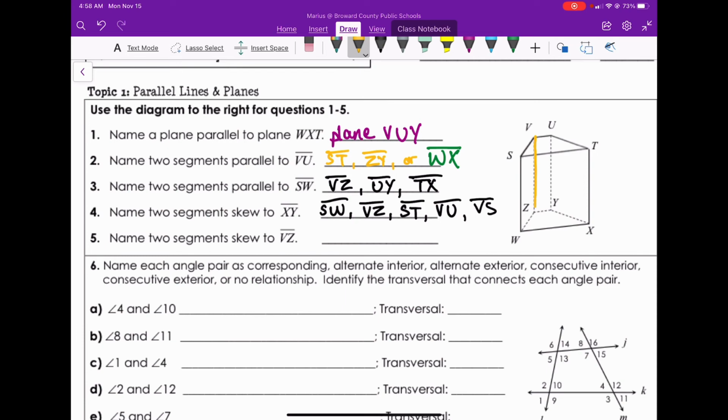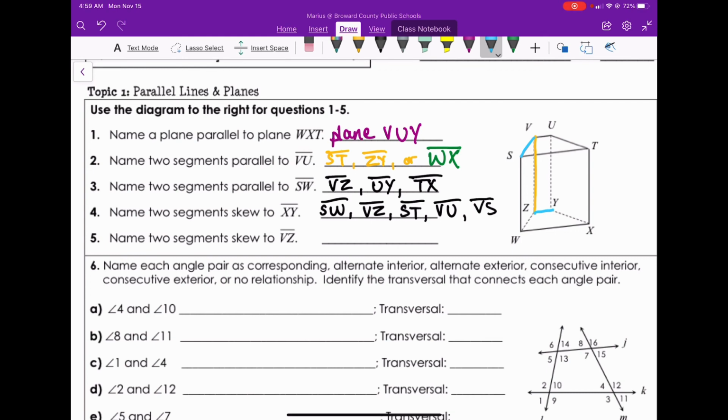So, for example, let's show a line that's not skewed, because I didn't talk about that. So, for example, WZ is not skewed to VZ because they touch, they intersect. Also, let's say if I said ZY or VS, those are not good.